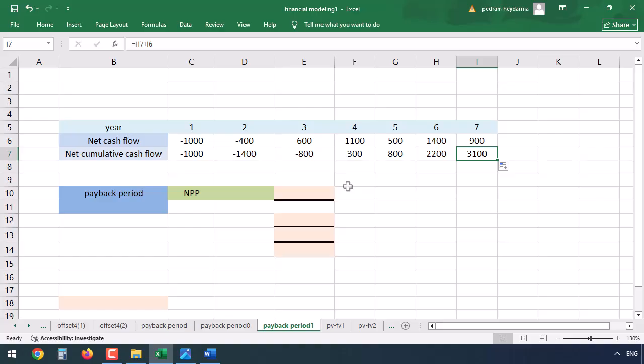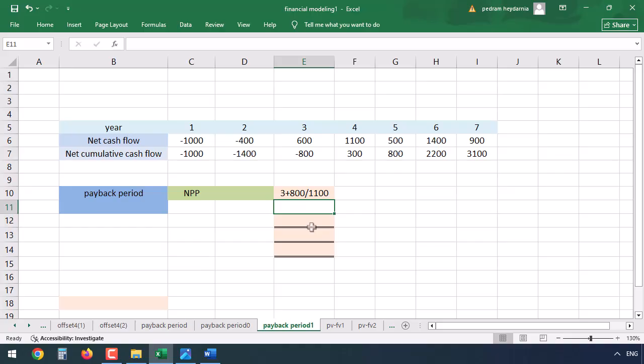In this table, it's clear that my initial investment was fully recovered in the fourth year. Was it at the beginning of the fourth year? Was it at the end of the fourth year? With a simple proportion, we can understand that it took 3 years and a few months for your principal investment to be recovered. So what was our payback period? 3 years and a few months.